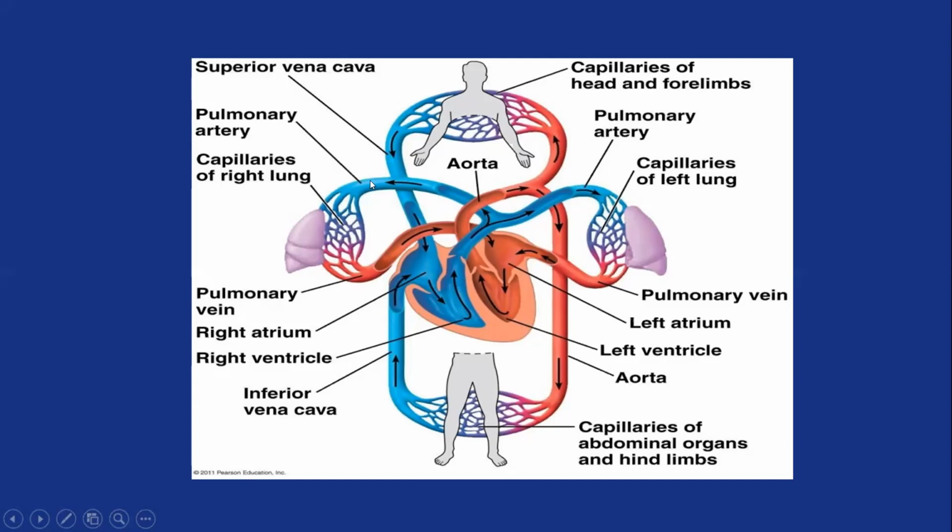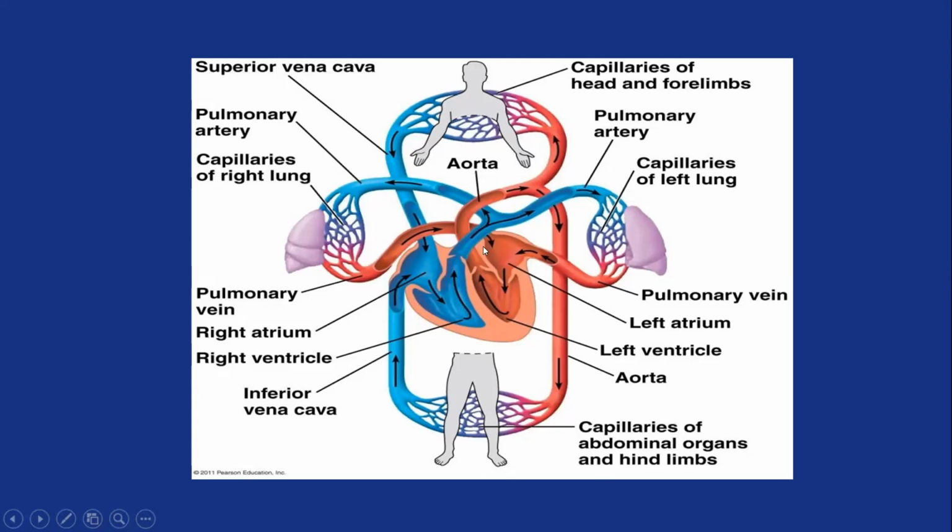Why does the deoxygenated blood go to the lungs? For purifying the blood. After entering the lungs, the deoxygenated blood is purified with the help of oxygen, and then the oxygenated blood goes from the right and left lungs through the pulmonary veins into the left atrium.